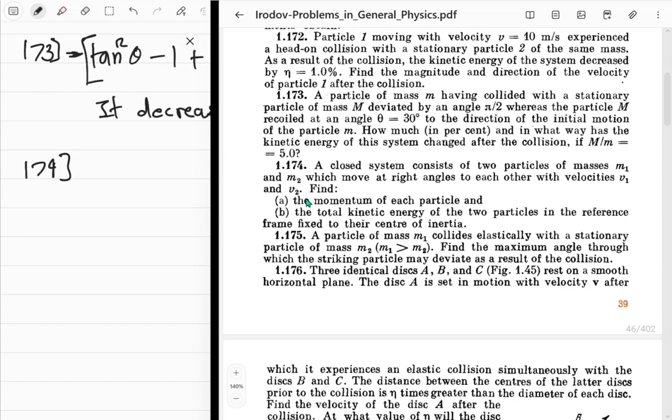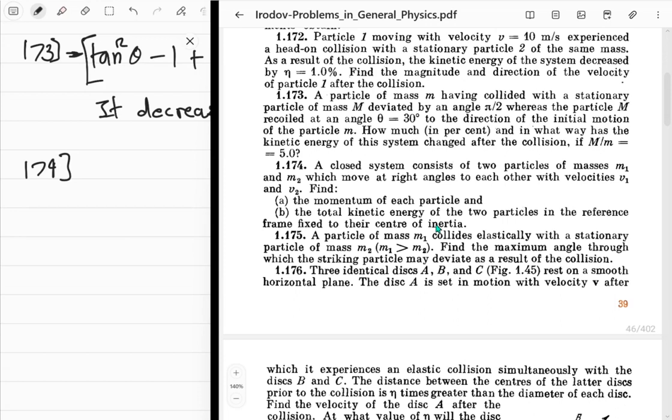That's all, I guess. Okay, the momentum of each particle and the total kinetic energy of the two particles in the reference frame fixed to their center of inertia. Oh, okay.